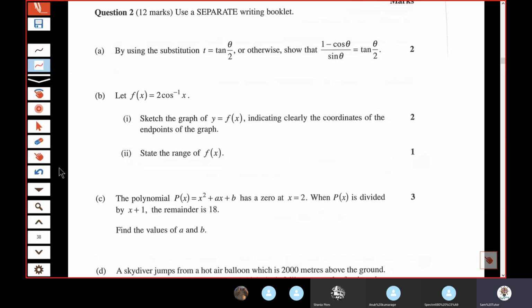For A, if you want a clue, T formula. For A, you've got to use your T formula and triangles. Hopefully it should work out. Your triangle looks like this.